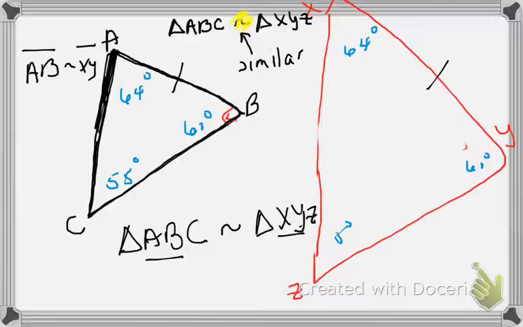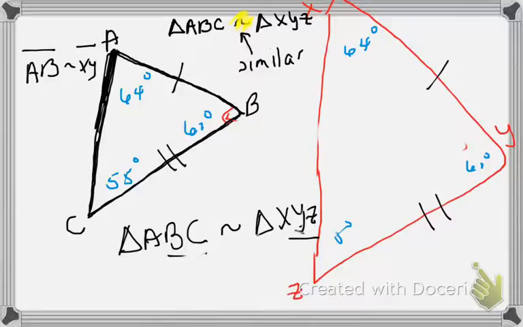Another thing is that the second one, as you can see, BC is similar to YZ. I'll put two little lines here. So BC is similar to YZ. That's our second line of that figure.